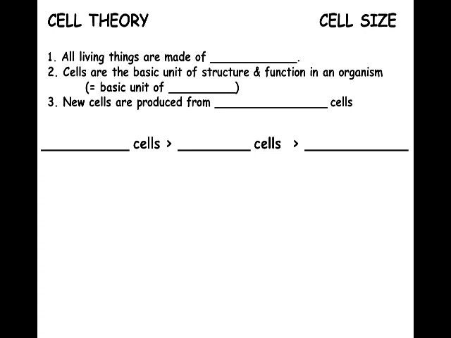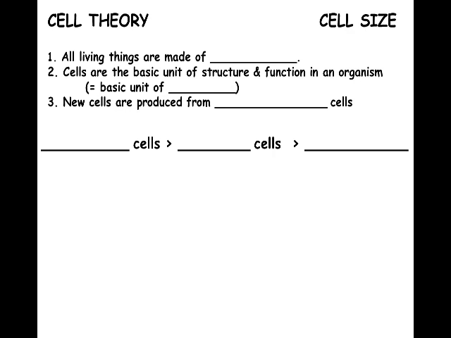A theory is a big idea, an explanation that takes lots of data, lots of evidence from a variety of places and combines it together into an explanation or a big idea of our understanding about that thing. So we're going to talk about cell theory.